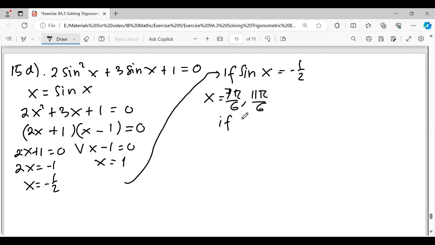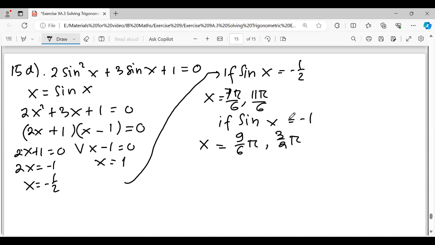If sine x equals negative 1, x equals 9/6 pi, or 3/2 pi.